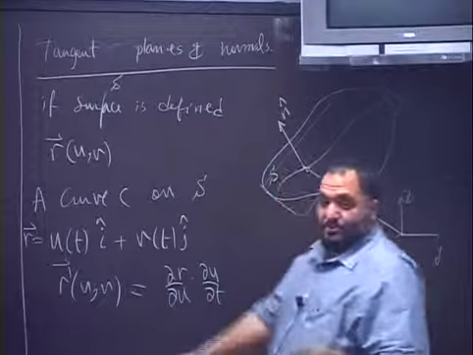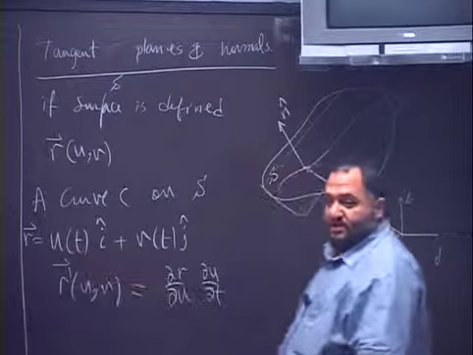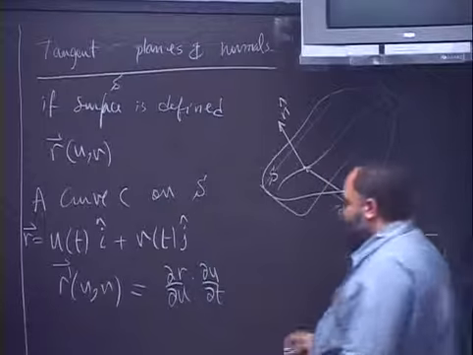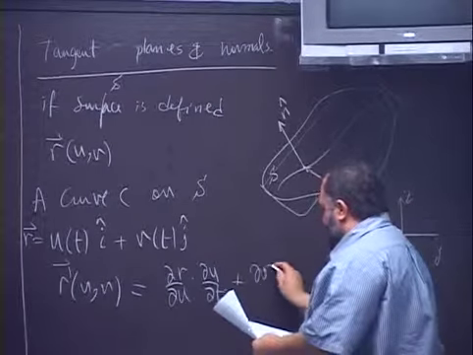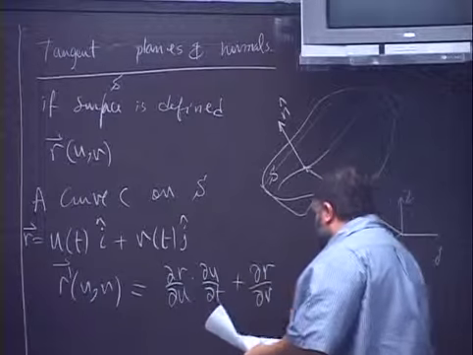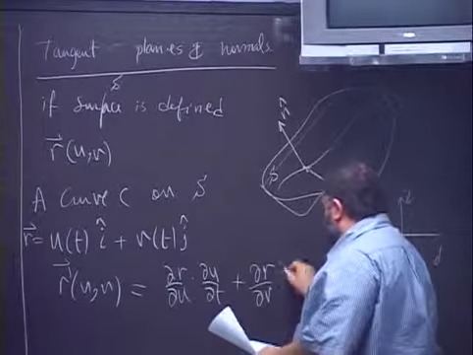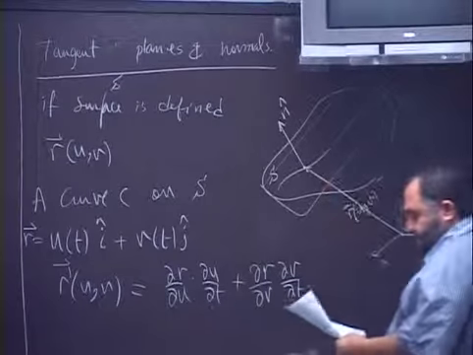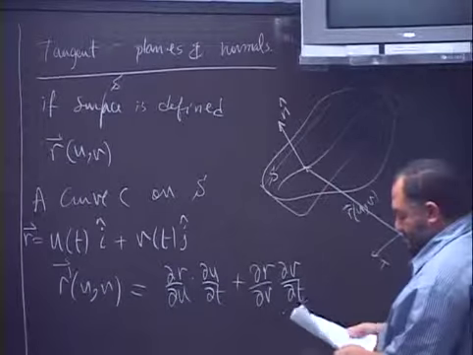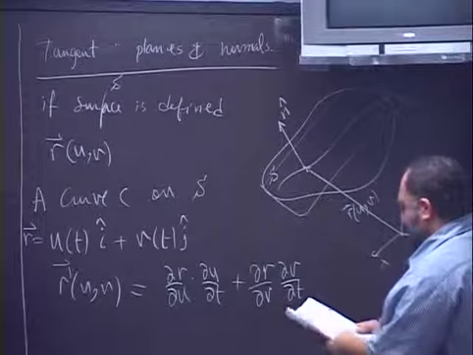By dt, because u is a function of t here, so we have to apply the chain rule. Plus dr by dv multiplied by dv by dt. There should be i and j in there as well.